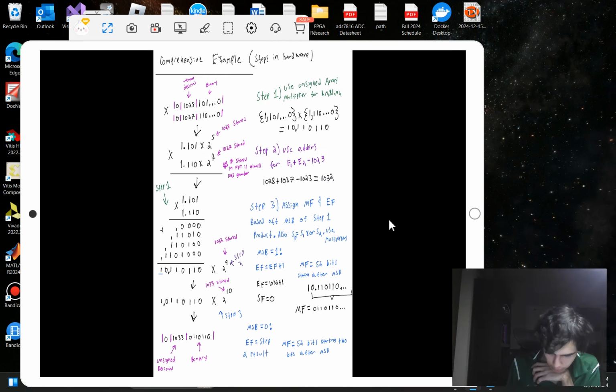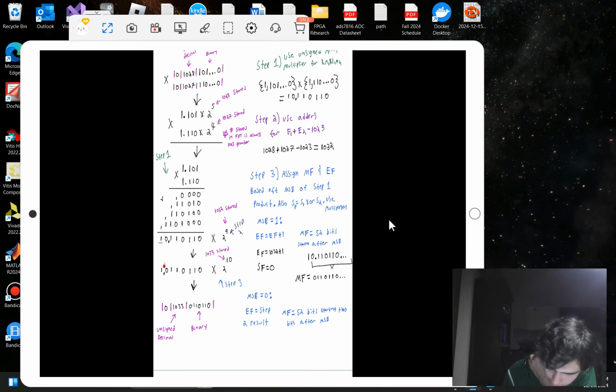Oh, no, let's do this. Except the product is changing into this format. So that means we're going to shift the decimal this way, and then we're going to increment this. So let's start with MF. These values are going to be used as our MF right here. Because when you do the shifting, all of these become the thing that comes after the decimal.